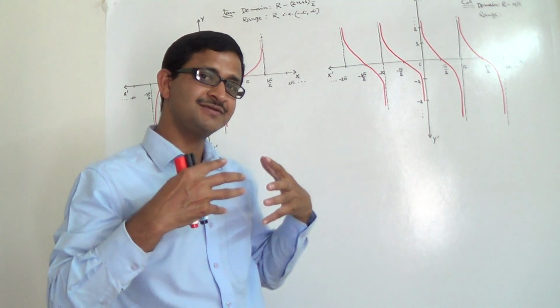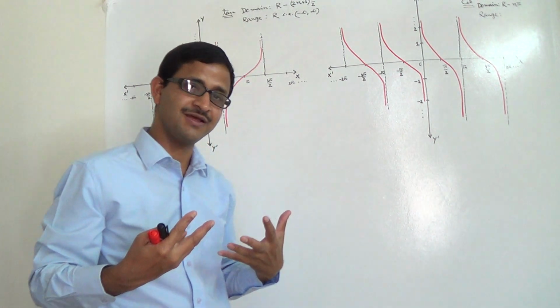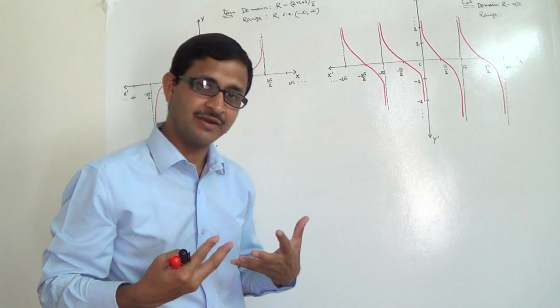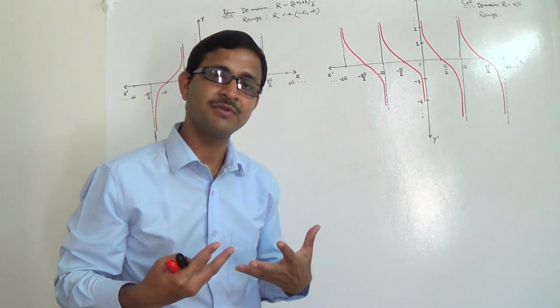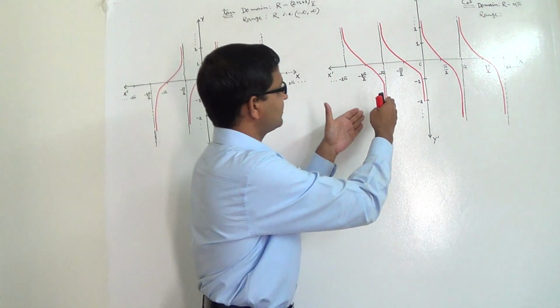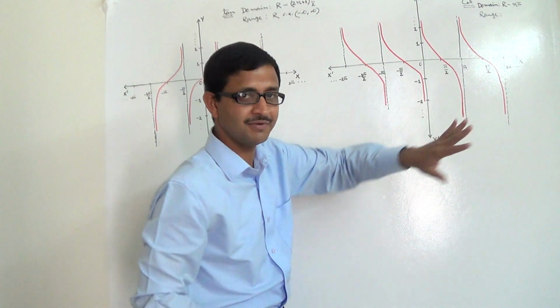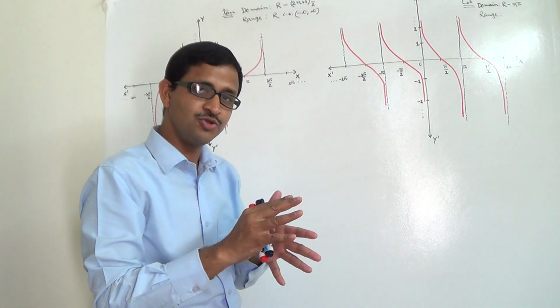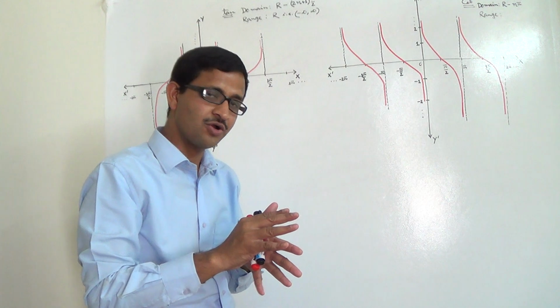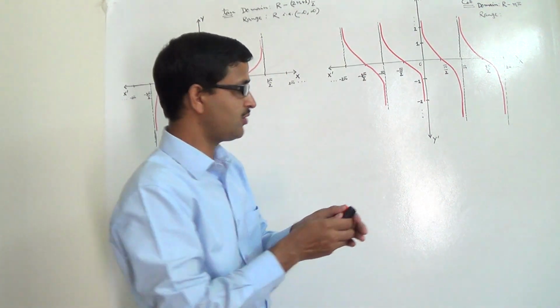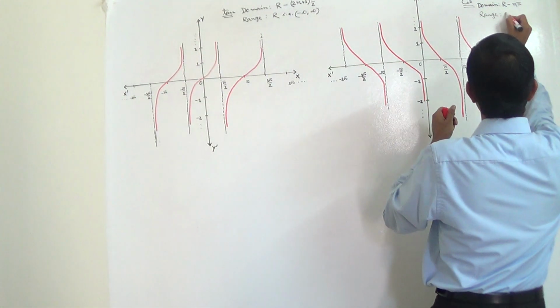So from that theoretical knowledge you can also tell, yes, the range of the function cot is the set of real numbers. And from the graphical representation you can see it covers all the values in the real numbers. The value returned by the function cot can be any real number. So the range is R.